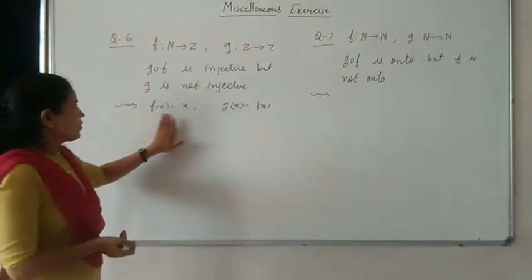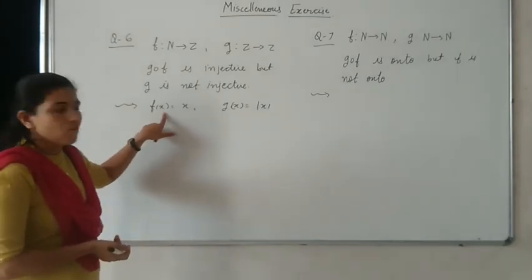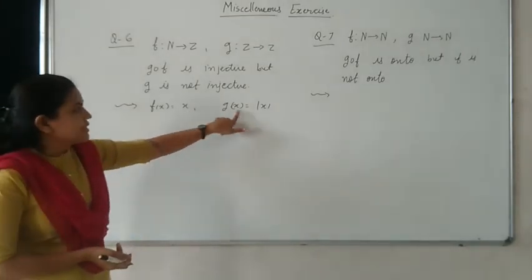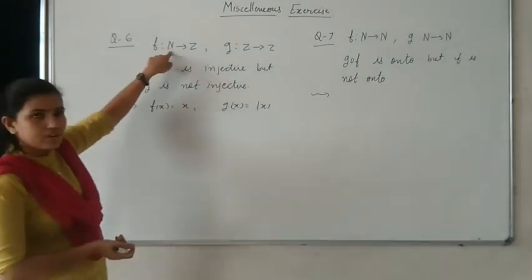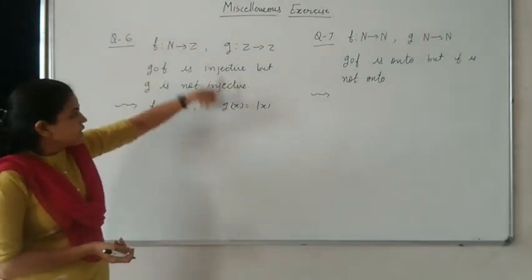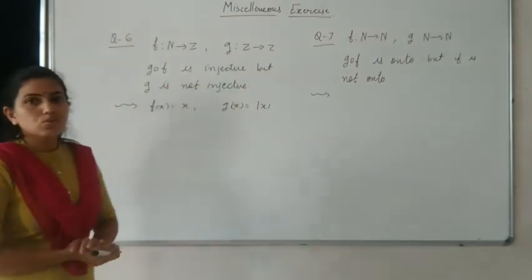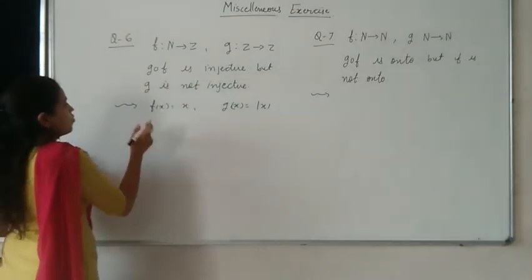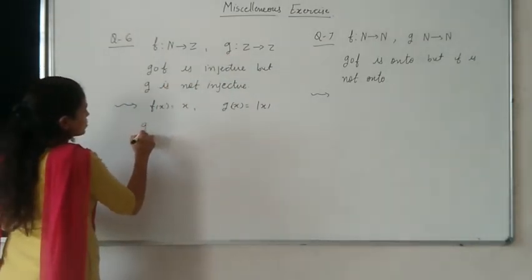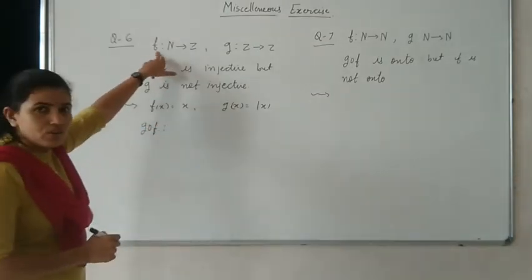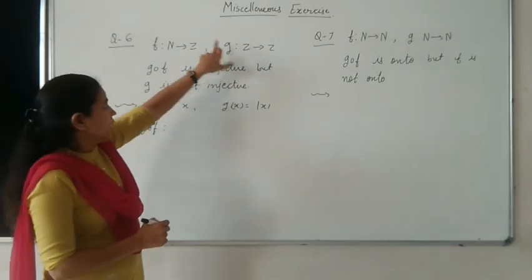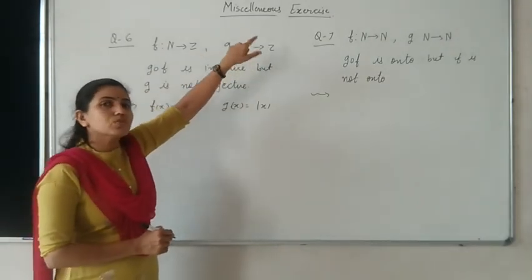So here we have taken two functions, f of x equals x and g of x equals modulus of x, where f is a function defined from N to Z and g is a function from Z to Z. Now first we will see what the function g composition of f is.